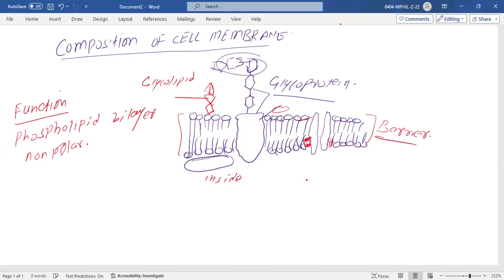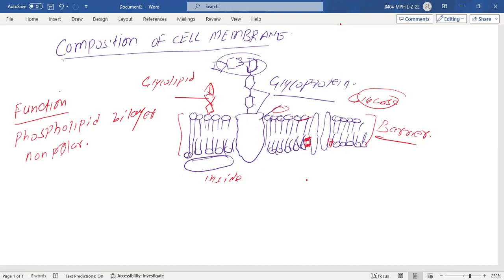So any substance that is water soluble will not be able to pass through this. For instance, glucose will not be able to pass through this membrane because it is providing a barrier, because it is non-polar. So it will not allow polar substances to pass through it.